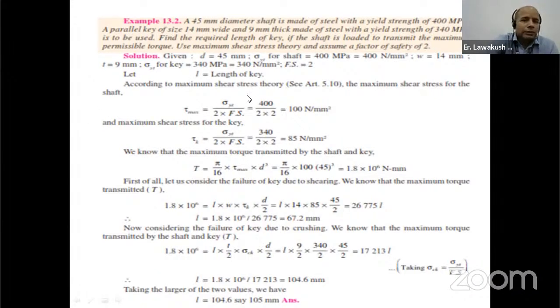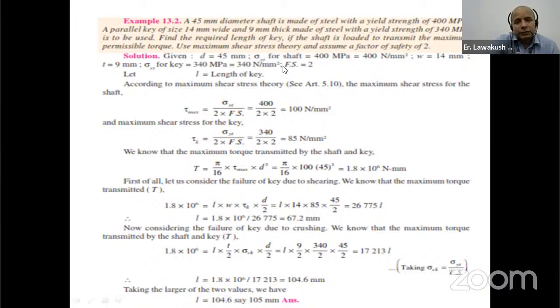As per the question, we have to use maximum shear stress theory. So, according to the maximum shear stress theory, the maximum shear stress for the shaft, that is tau max, equal to sigma yt divided by 2 into Fs.